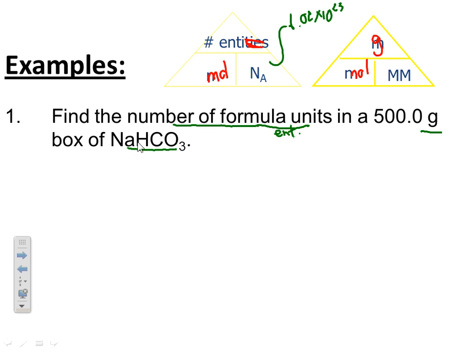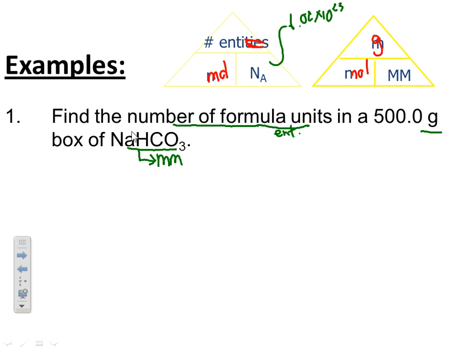Notice I'm given the substance. Whenever we're given a formula, we can get the molar mass. So I have molar mass, and I have grams. My plan is going to be to get moles, and then it's going to be to get entities, all right?